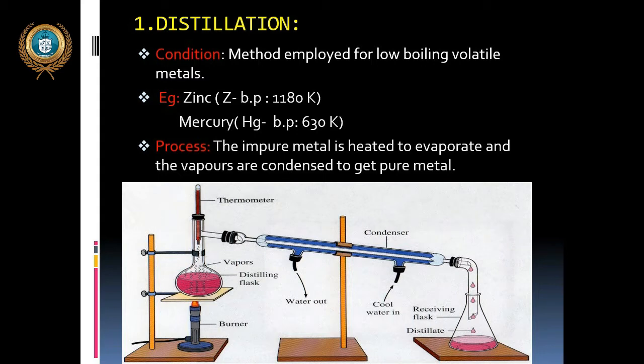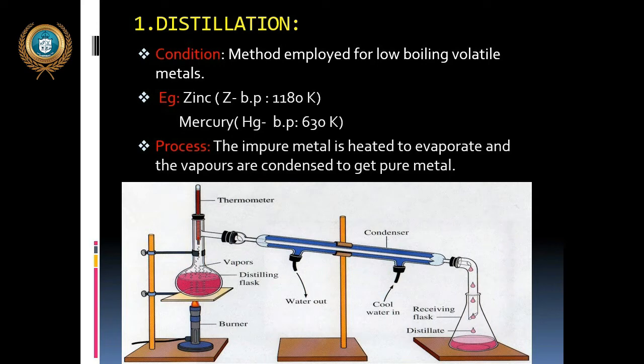When we let cool water in the condenser, the gas cools and converts into a liquid state and is collected in the receiving flask. That distillate is what we get as pure zinc. Again that liquid is converted to solid and taken separately in its pure form.